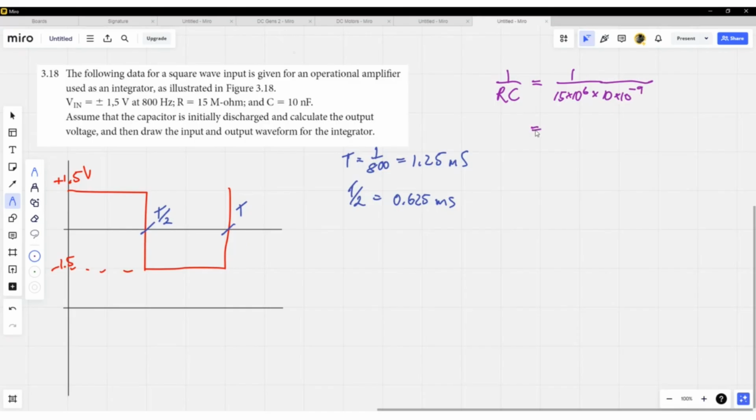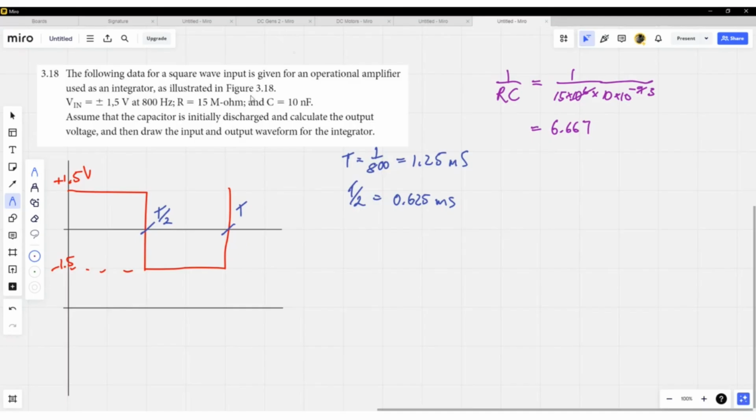Right, so that is essentially minus 9, that's going to be minus 3. So that's essentially 1 divided by 15 divided by 10 multiplied by 1,000. That's going to give you 6.667.